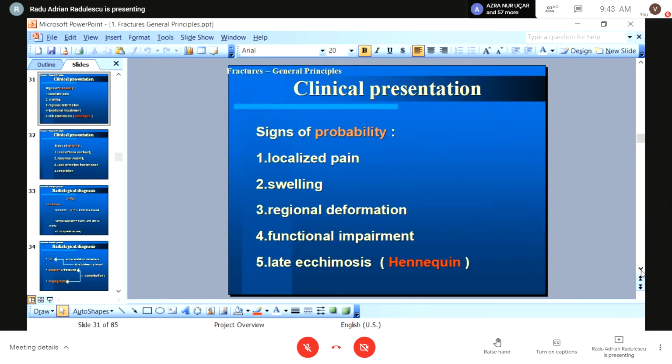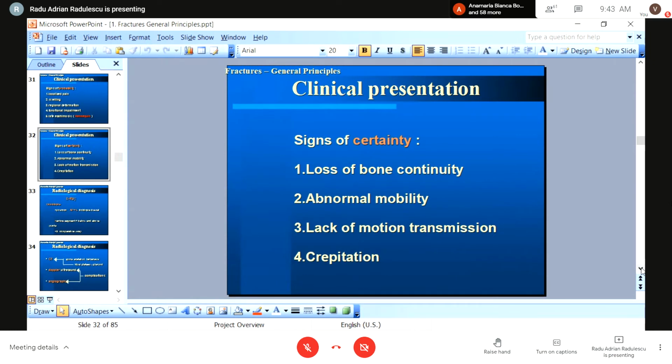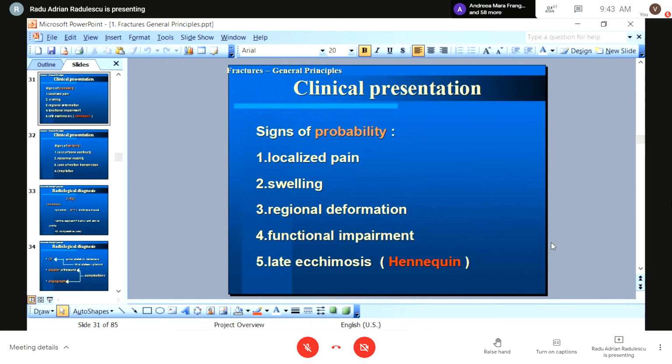What will be the physical examination of a patient with a fracture? Well, first of all, we'll see that there are some signs of probability for fractures or some signs of certainty of a fracture. We'll go one by one to describe them a bit.